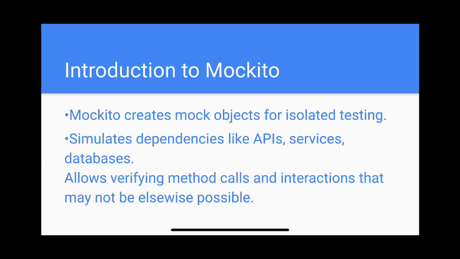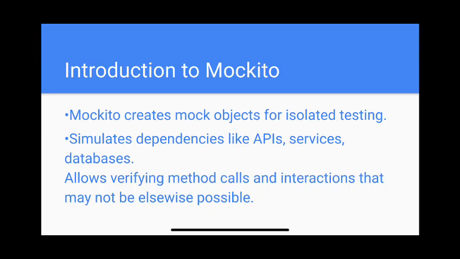For example, we can stub behavior using when, thenReturn, or thenThrow, allowing us to simulate specific conditions or errors. Mockito also provides argument matchers such as any, eq, and anyString to make tests more flexible.